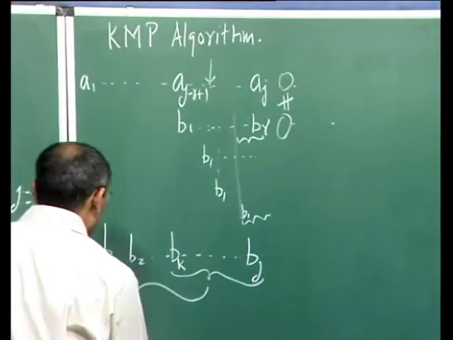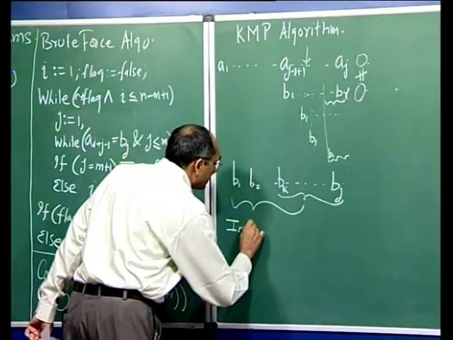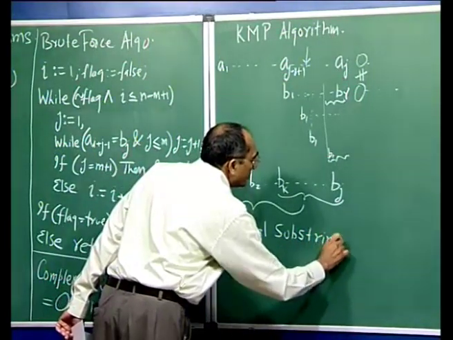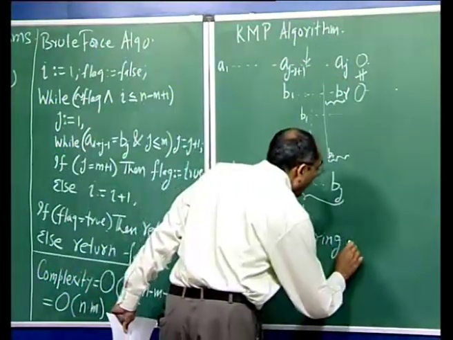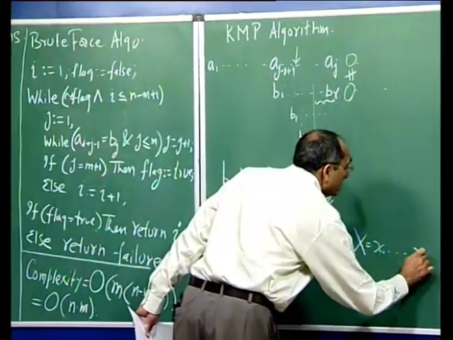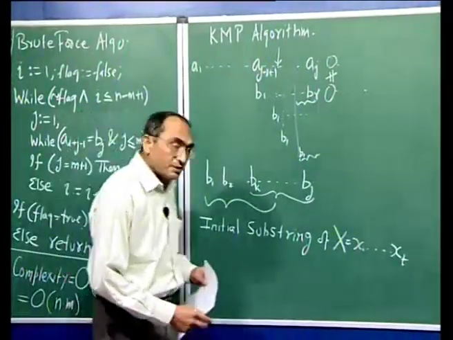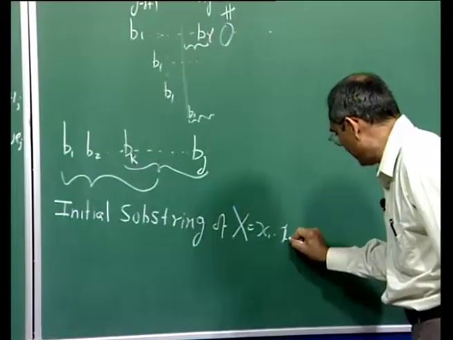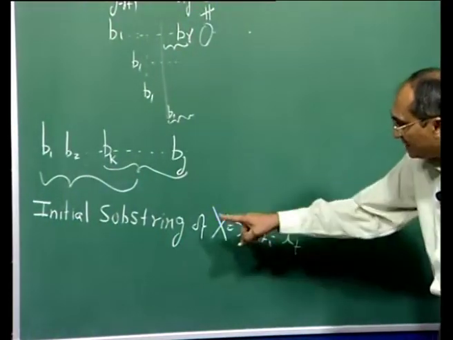So, here let us use a term which is called an initial substring. An initial substring of a given string x, let us say x is x1 through xt, is any contiguous string, that is to say x1, x2, x3 up to xi. Any contiguous string from 1 to i is called an initial substring of x.